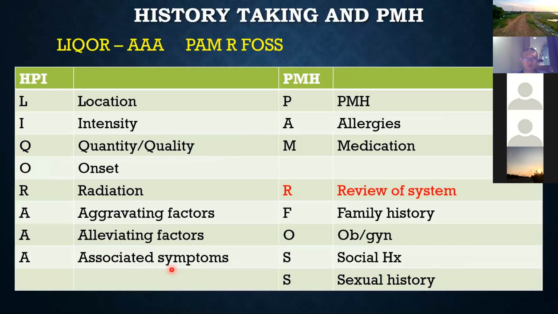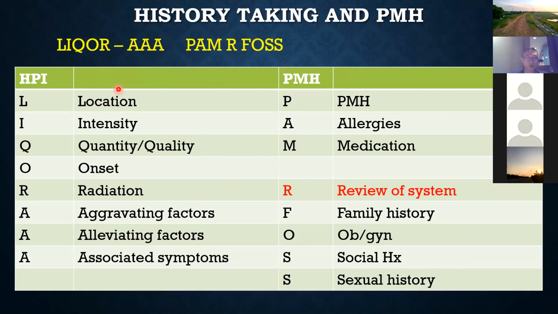And now for the rest of the lecture, we will focus on the history taking and the physical examination. This is the mnemonic that you can use, or you can use any mnemonic that works for you. You can search online, you can Google it, and I prefer this one. Okay, it's up to you guys. I use it because it's pretty familiar with liquors, which is alcohol.